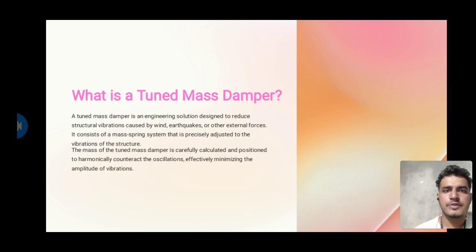The mass of the tuned mass damper is carefully calculated and positioned to harmonically counteract the oscillation, effectively minimizing the amplitude of the vibration. Basically, a tuned mass damper is used for high-rise buildings to sustain earthquakes, wind pressure, or other external forces.